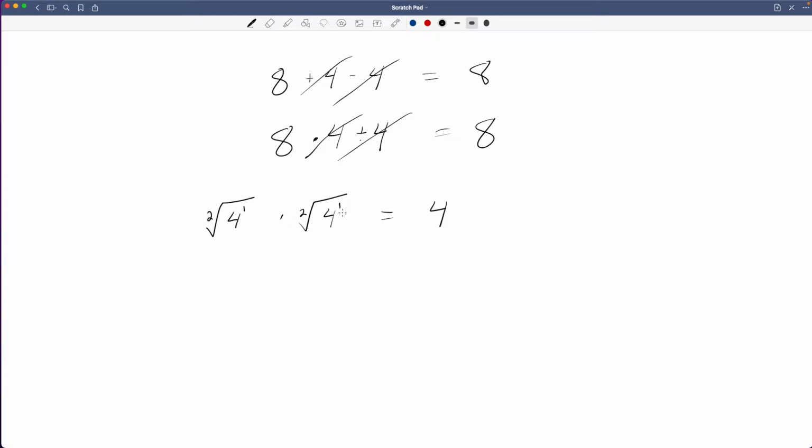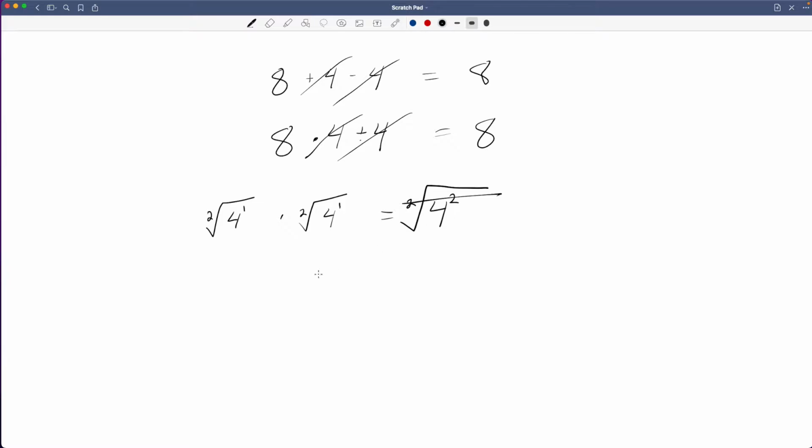The same base multiplied times itself, we add them together, we get a count, and that is the exponent that's being used. So what we're actually seeing here is the square root of 4 squared. And when the index and the exponent match, they cancel each other out. So you're just left behind with the number.